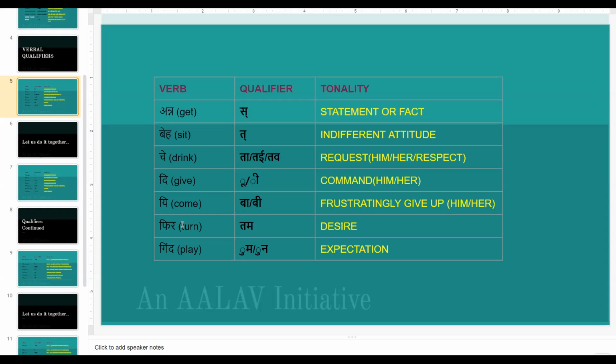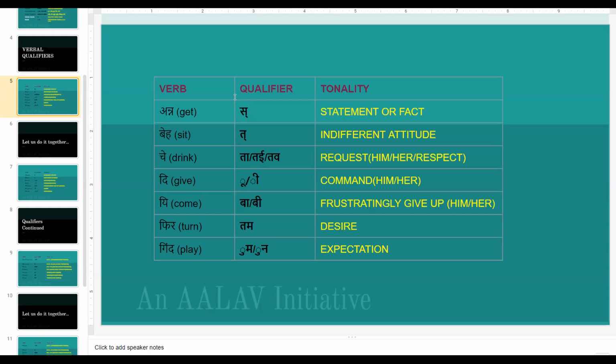The fourth one is command. You're commanding in the verb. What will be the command for the fir verb? Firu. Correct. You pour this here. If it's a girl, firi. You're commanding that person. Frustrating, you're giving up: firba.